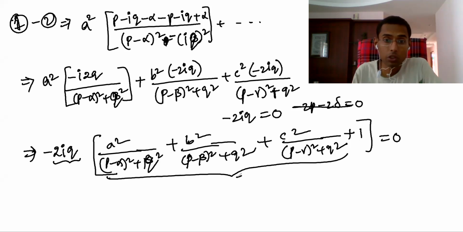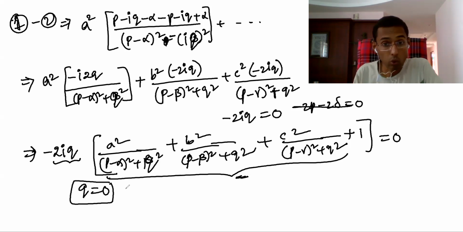So this part cannot be 0. That means 2iq is there, this 2iq must be 0, but 2i is there, so that means q must be 0. I said this cannot be 0 because positive plus positive plus positive is positive, all real numbers. This into this being 0 means either this is 0 or this is 0. So this part cannot be 0. Therefore, q must be 0.